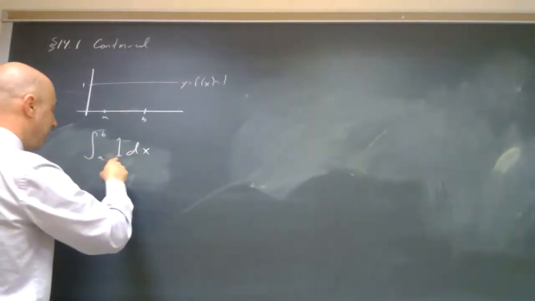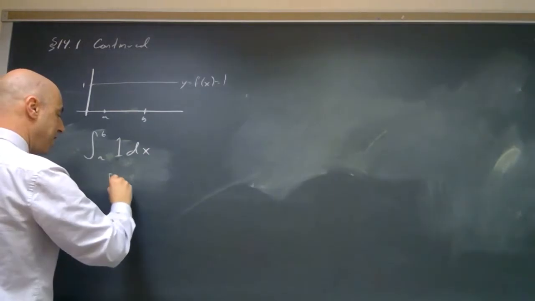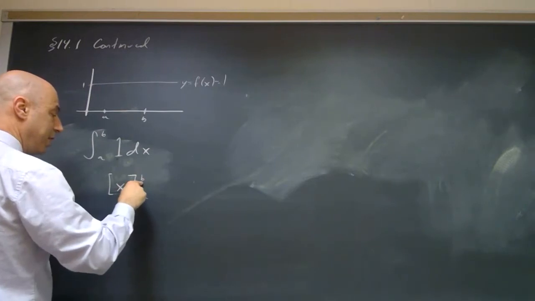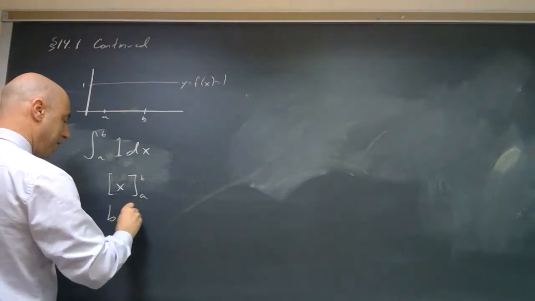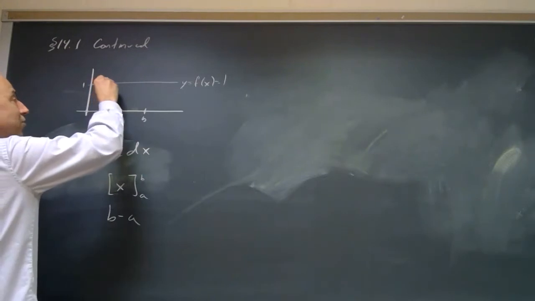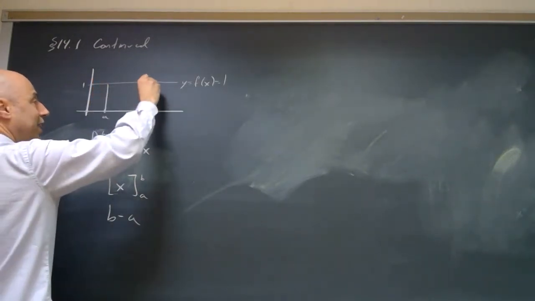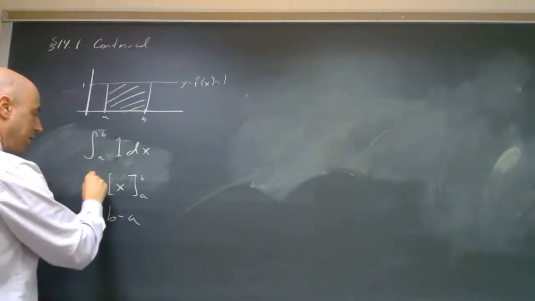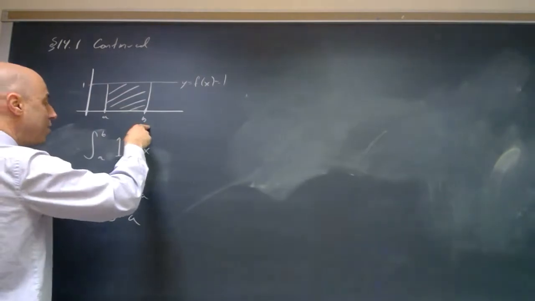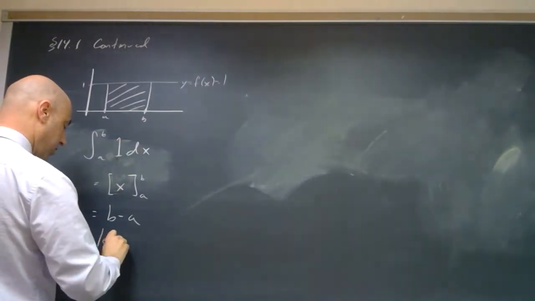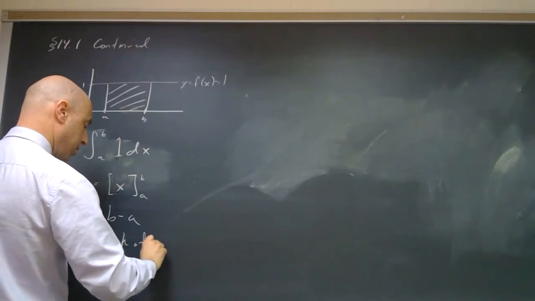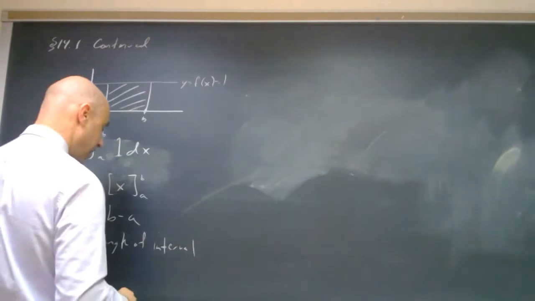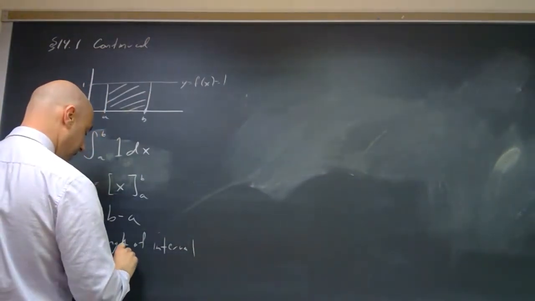Well, in this case, of course, we take the antiderivative of 1, which is just x, and we plug in b and subtract off a, which is just b minus a. And of course, that's just the area of this rectangle. But it's also the length of the interval, b minus a.